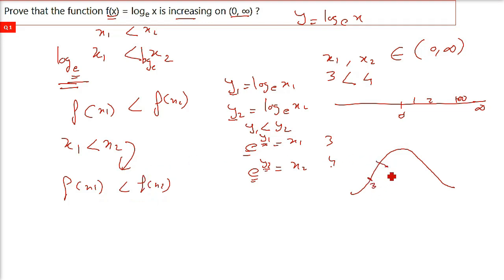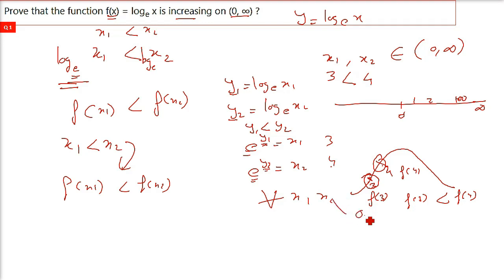If x1 is 3 and x2 is 4, then log of 3 and log of 4 have the same relation: log of 3 is less than log of 4. You can also find the values of log 3 and log 4 and verify it. We are not writing numbers here; 3 and 4 are just for example.